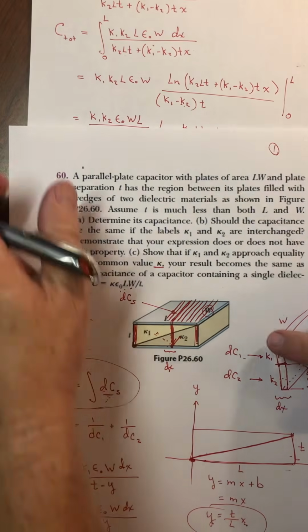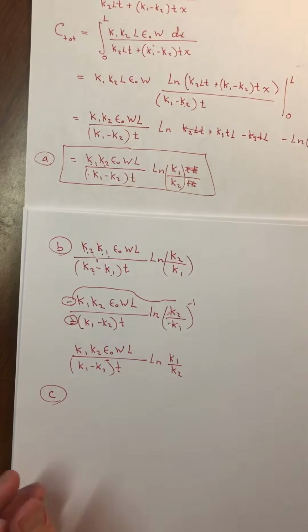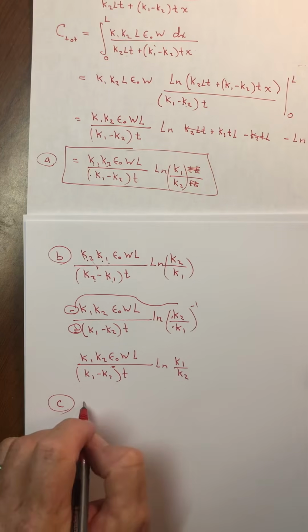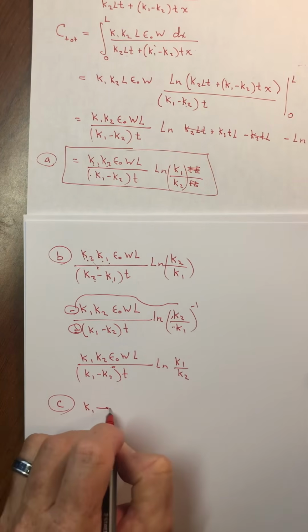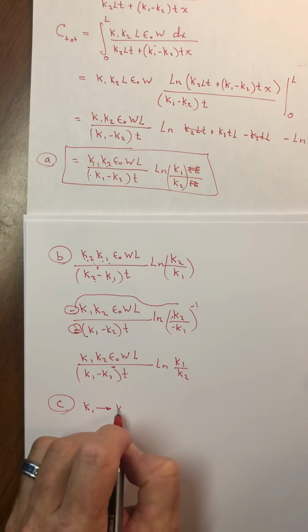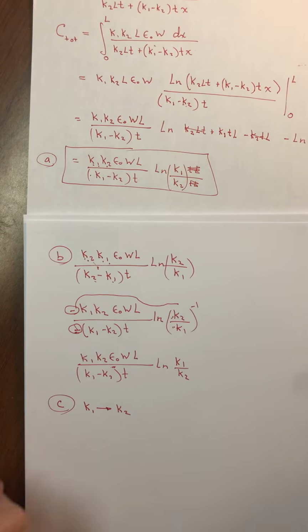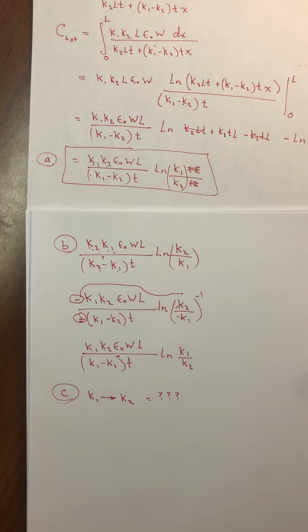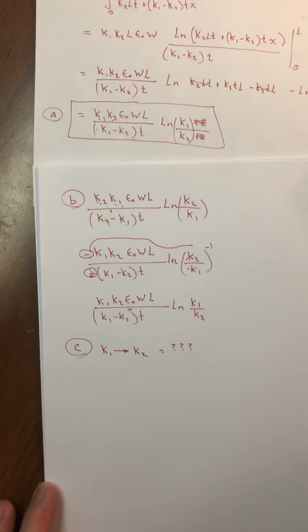And so in other words, if our material really isn't two materials, it's one material. You can draw a line down the middle of it, but when K1 approaches K2, what do you get for the total capacitance?